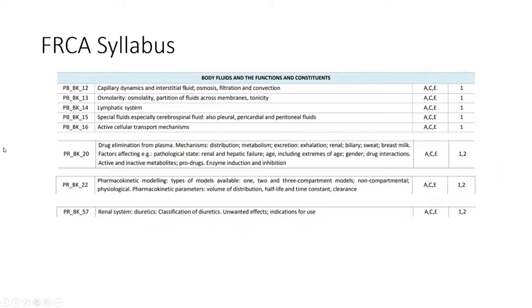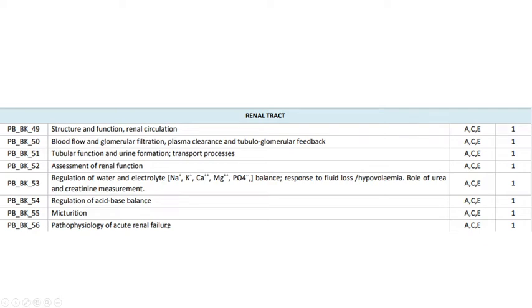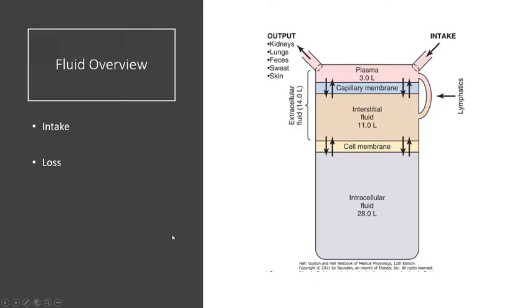And then drugs that act on the renal system, such as diuretics. There's a little bit about anatomy, ions, regulation of acid base, and then pathophysiology of acute renal failure.